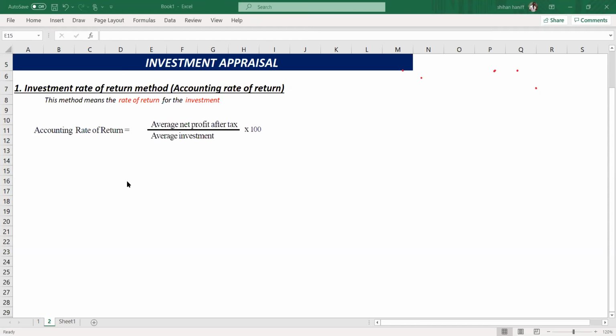Then there are two things. What is meant by average net profit after tax? What is meant by average investment? Average net profit means, let's say we are calculating for 5 years, total of 5 years divided by 5. So we calculate the average.